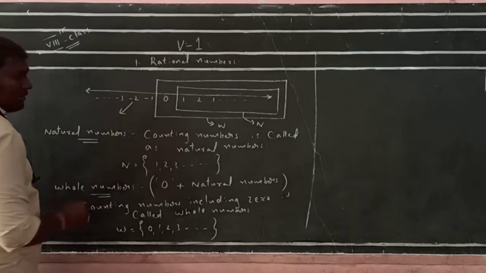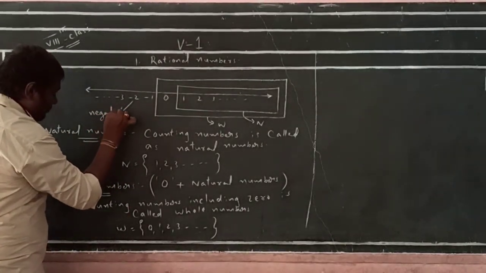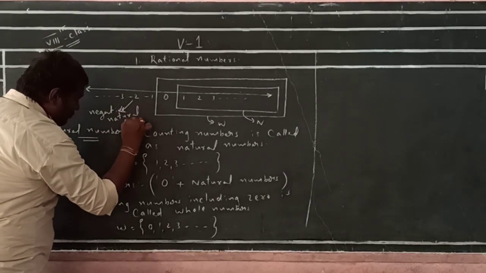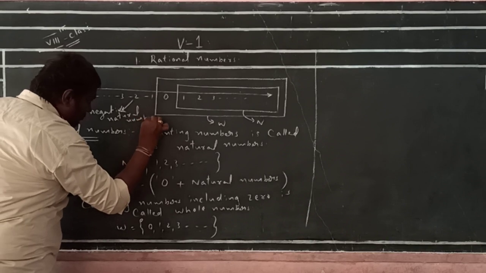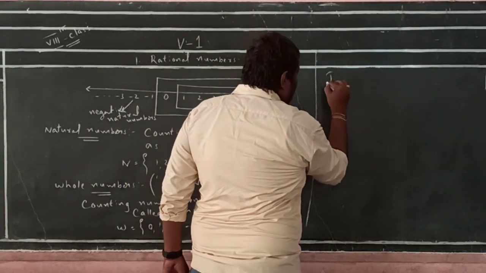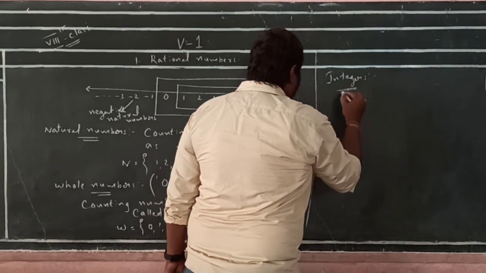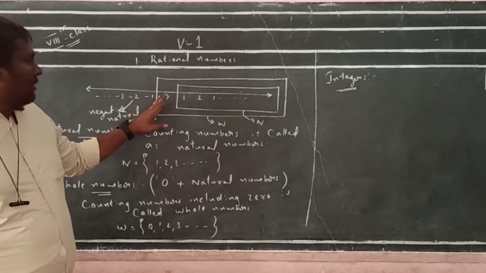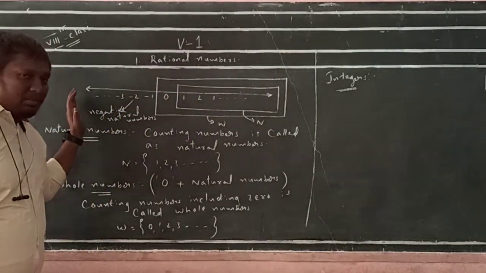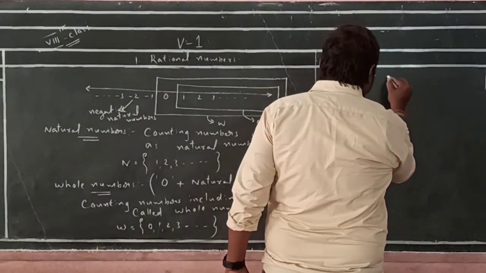This is the negative natural numbers. For integers, clearly you can see the number line. Here whole numbers and negative natural numbers are called integers.